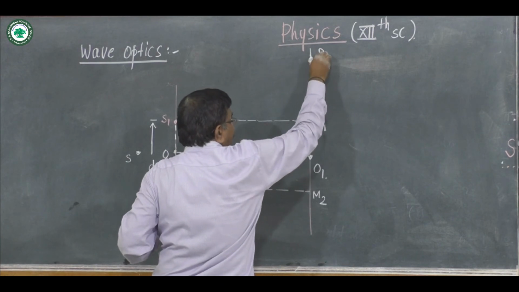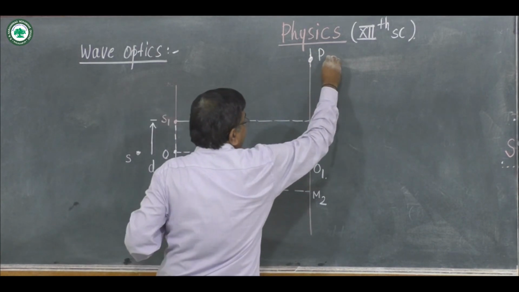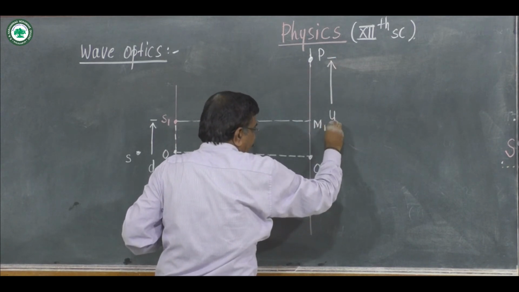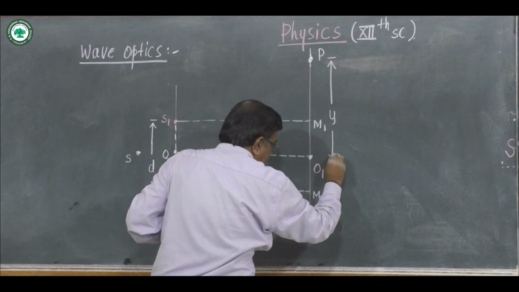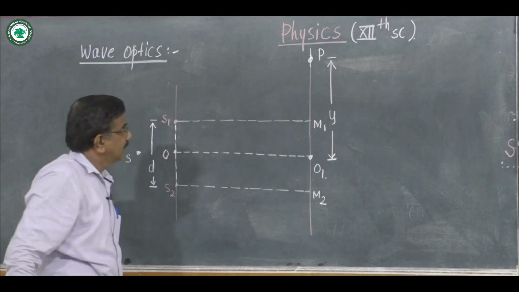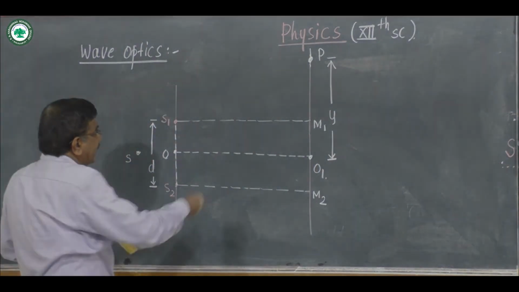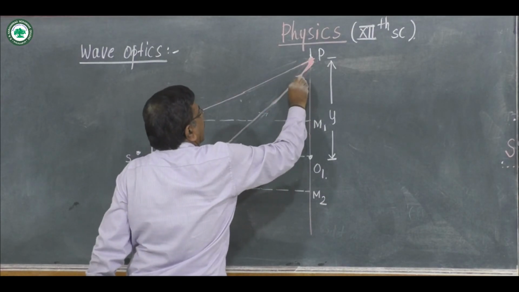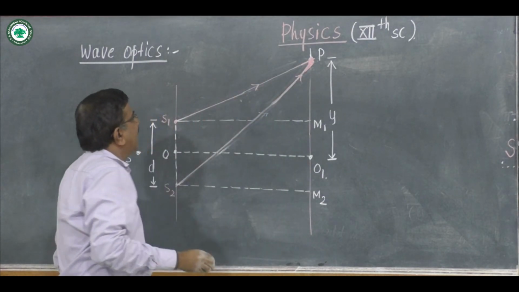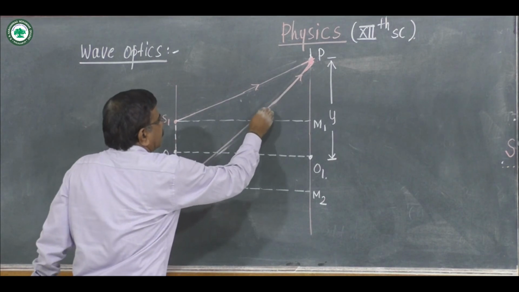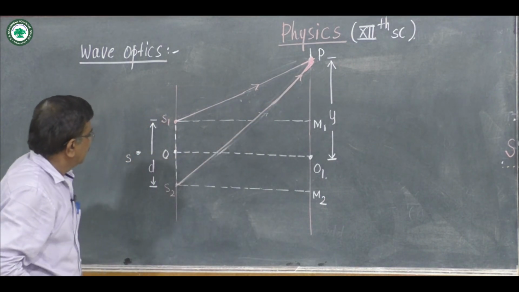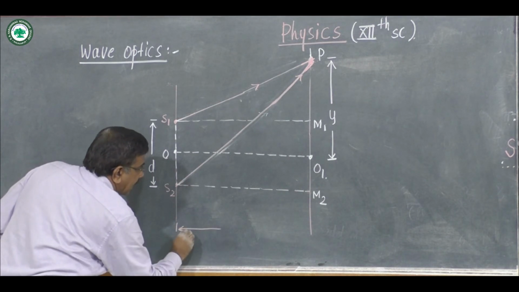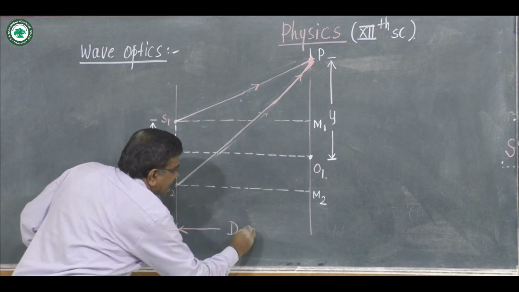This is point P, suppose, at a distance y from the central point O1 on the screen, and we join these points S1P and S2P. Suppose the distance between these slits and the observing screen is capital D.